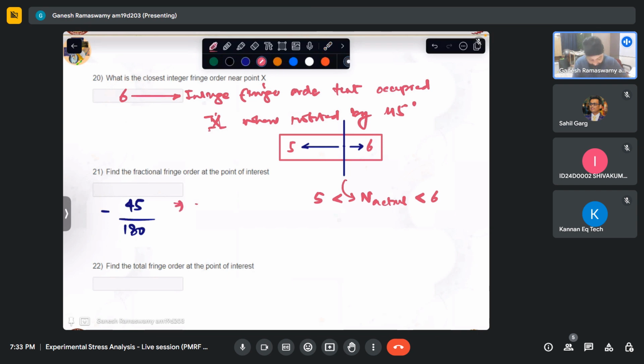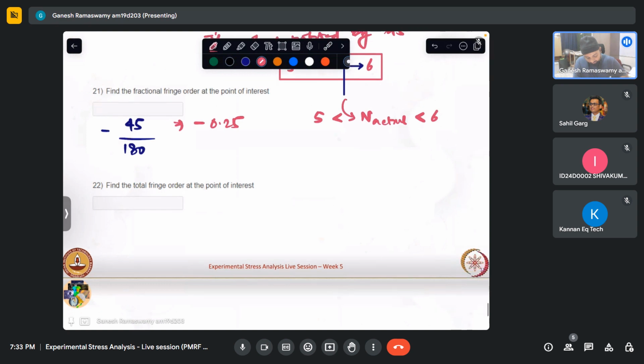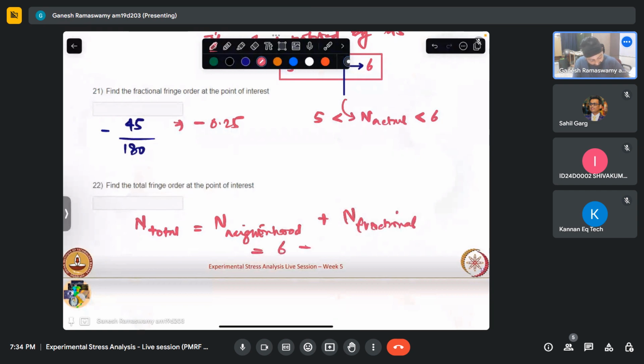So it will be minus 45 by 180, which is 1/4, of course, 0.25. So the total fringe order n total is n neighborhood plus the fractional fringe order, which is nothing but 6 plus minus 0.25, equal to 5.75.